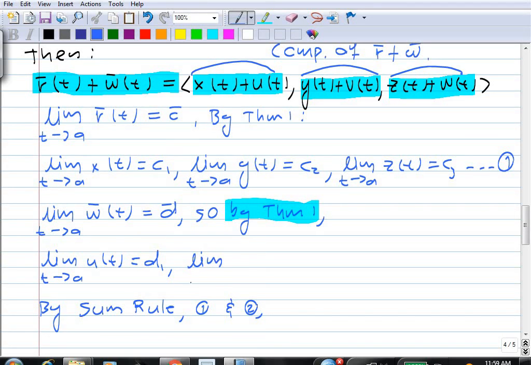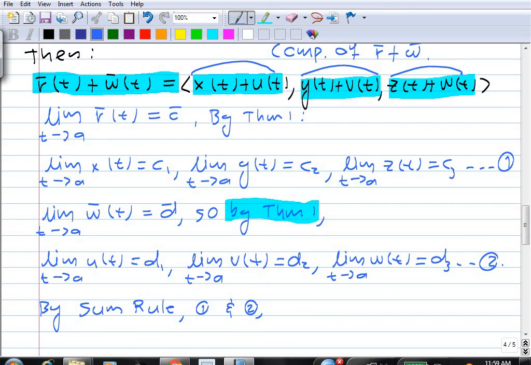The second component v of t has limit d2. And the third component of w is little w, and that's going to be d3. Let's call that 2.